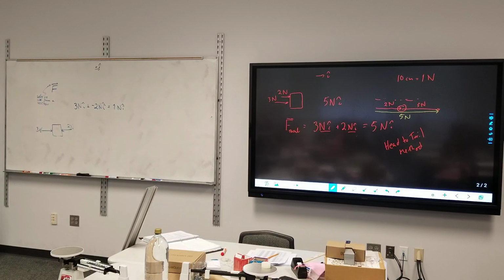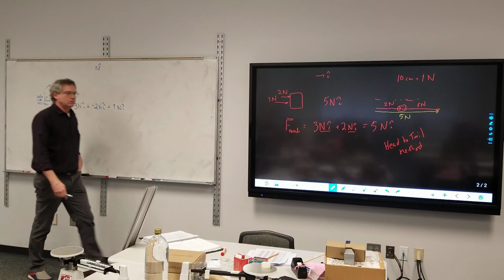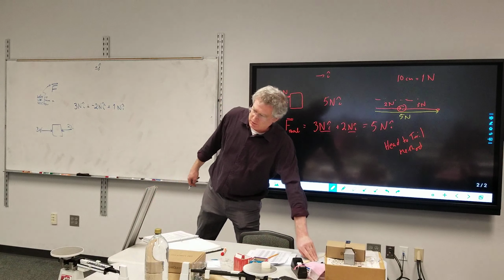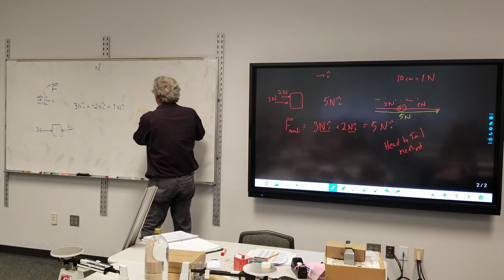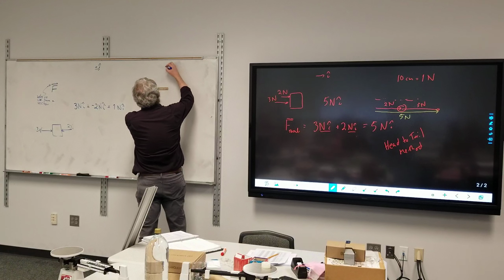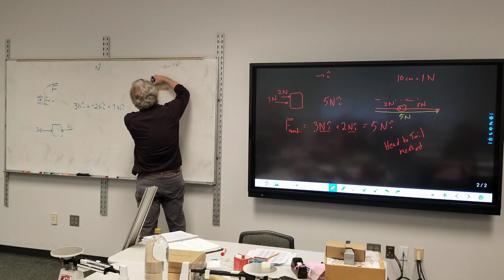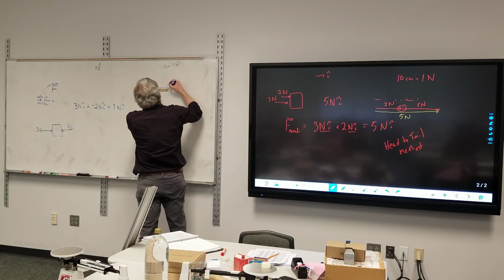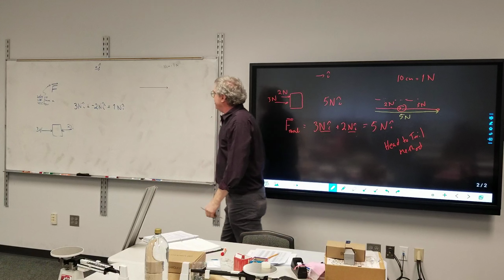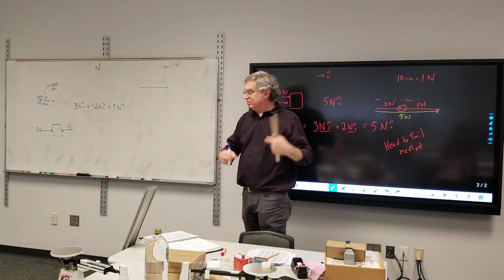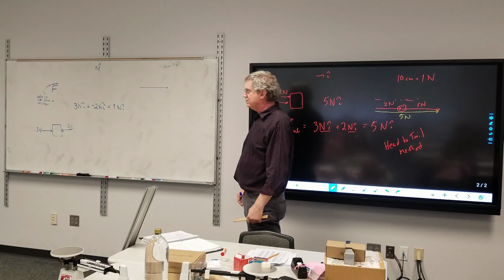Doing the head to tail method. Actually, I can use this time. I'll still use the scale of 10 centimeters is equal to 1 Newton. So I have a 30 centimeter arrow going to the right.